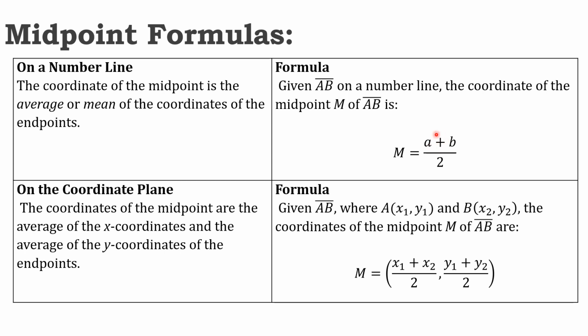Since you're adding these, it does not matter what you choose to be A and what you choose to be B, but if you're going to stick with the notation here, then little a would be the coordinate of the endpoint on the left, and little b would be the coordinate of the endpoint on the right. Midpoint gets the symbol capital M in this class.